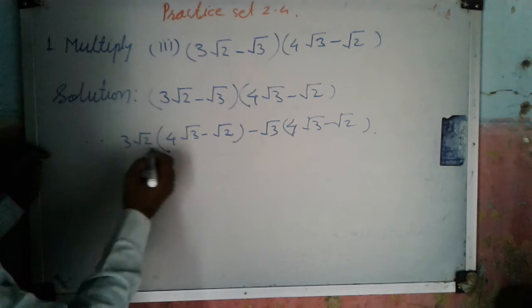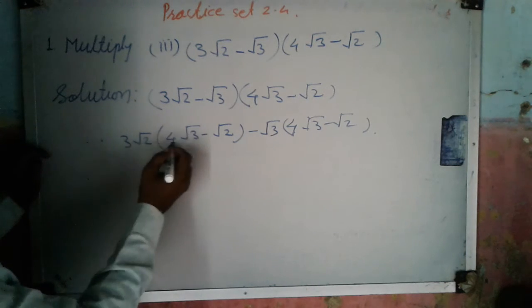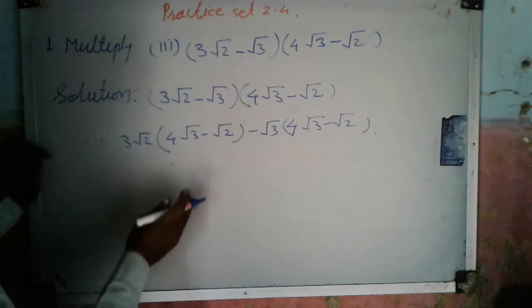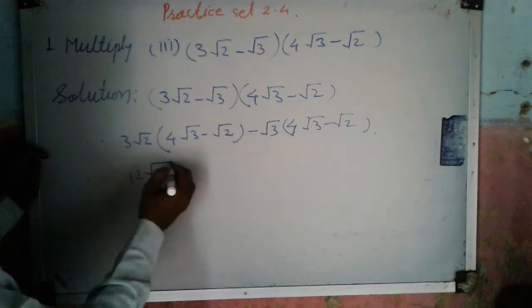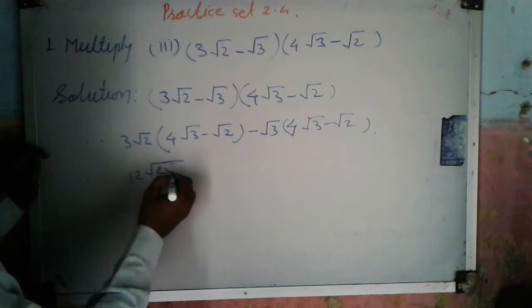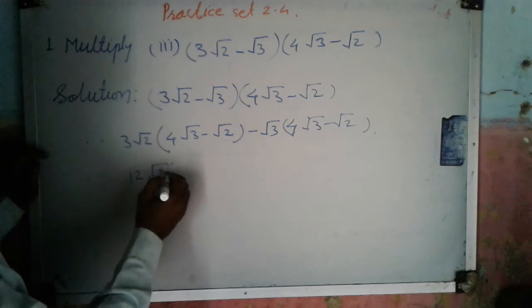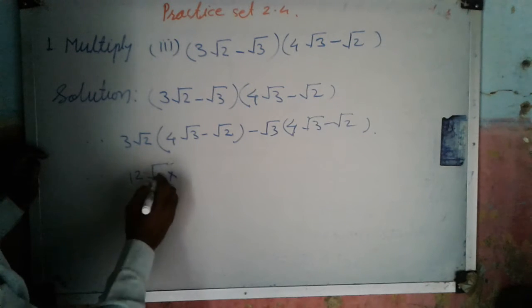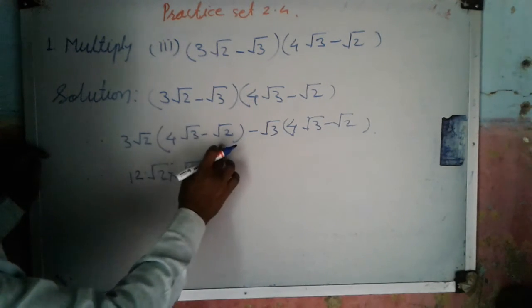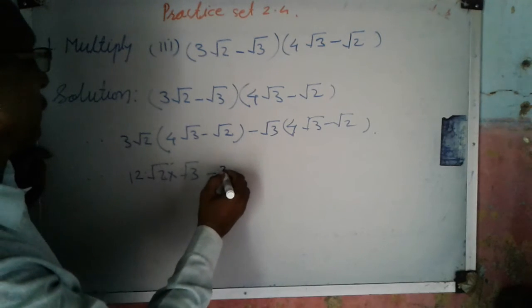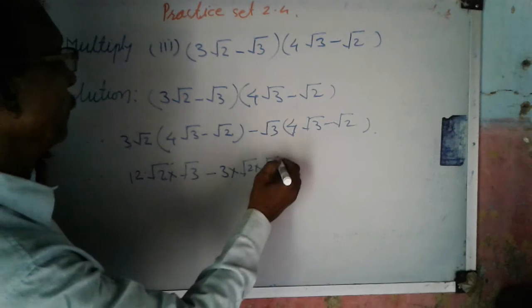So here 3 into 4 is 12, under root 2 into 3, that is root 2 into root 3. Now minus 3 into root 2 into root 2.